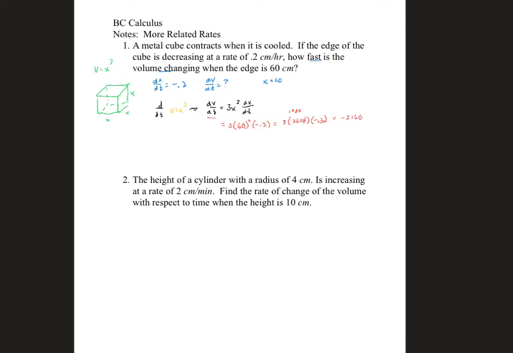And that is our dv dt. So our volume is decreasing by 2,160, and that's cubic centimeters, not feet, per hour.